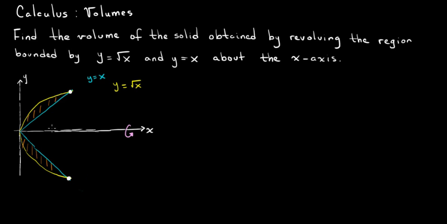Think about what you've just created by rotating around the x-axis. You've essentially created some type of solid that looks kind of like this. Think of a round cup, and then you stick a little cone in there, but it's hollowed out right here. So there's nothing going on in this middle space.